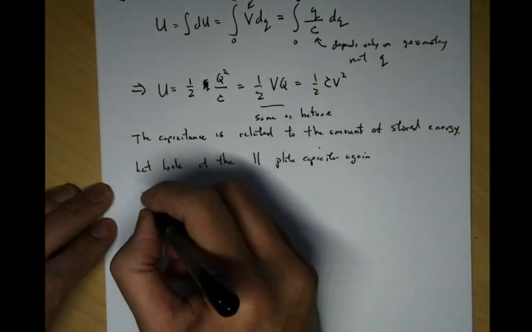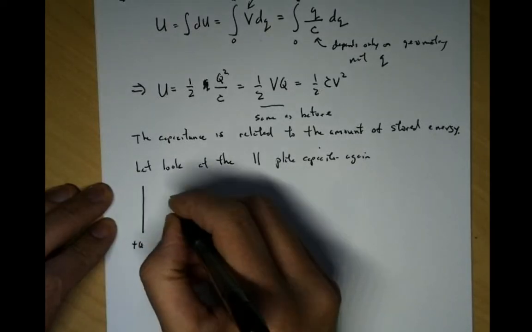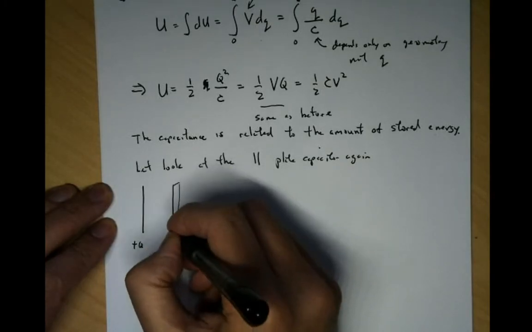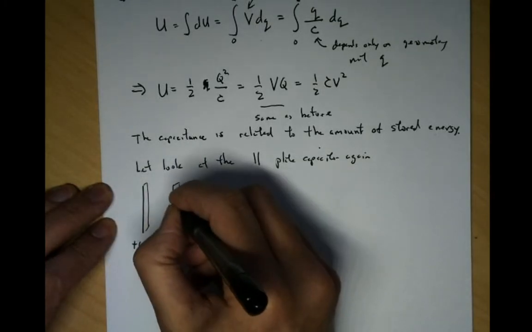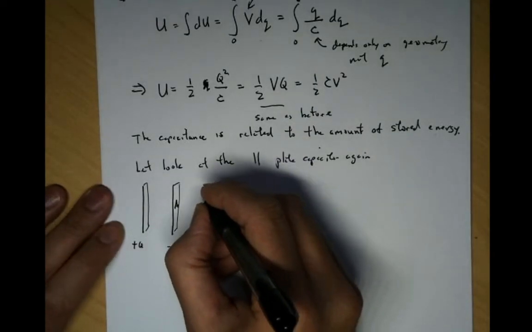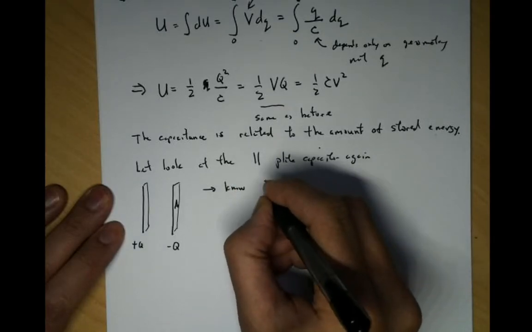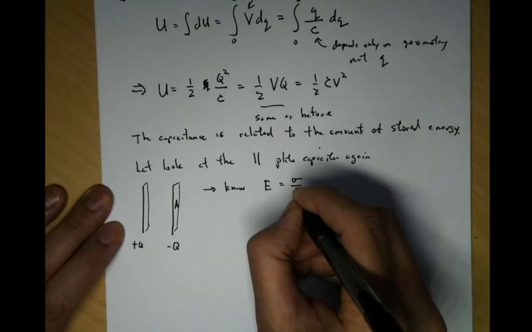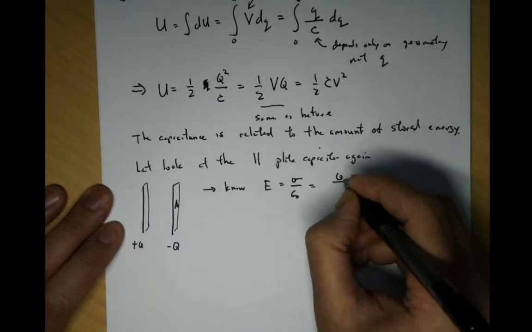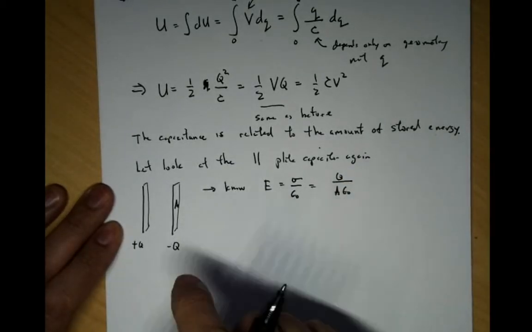So here's my parallel plate capacitor. This is a plus Q, the minus Q here. There's some area A between these two. And I know the electric field is equal to sigma over epsilon naught, which is Q over A epsilon naught. That's the electric field between the two.